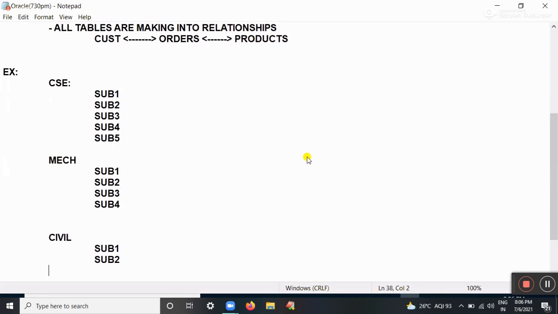So different branches, but in this CSC branch there are a total of 5 subjects.